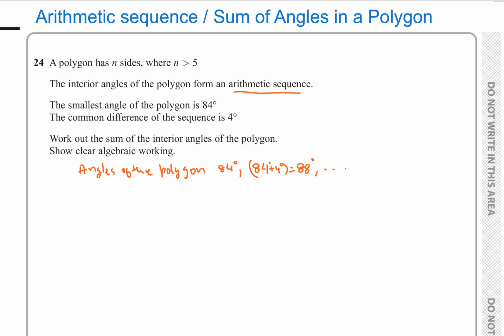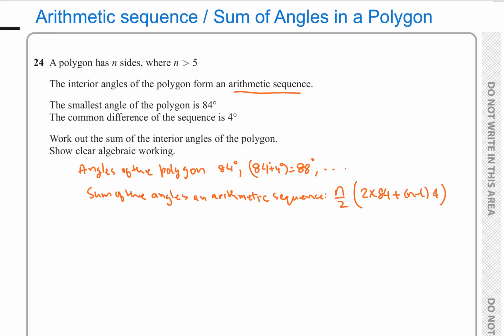If we don't know what n is, the number of sides, we can say the sum of the angles in an arithmetic sequence would be n over 2 times 2 times the first angle, that is 84, plus n minus 1 multiplied by 4.